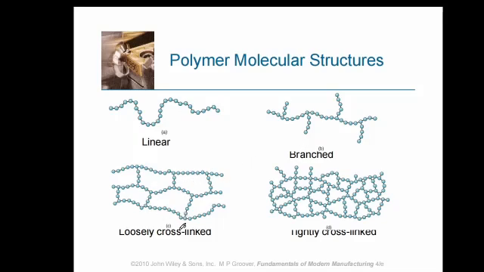Then the loosely cross-linked polymer structure involves polymer chains that are next to each other and linked by some side branches in a 3D structure, but the branches are not so profuse as compared to the tightly cross-linked one. You can see the tightly cross-linked one involves more branches and more networks.